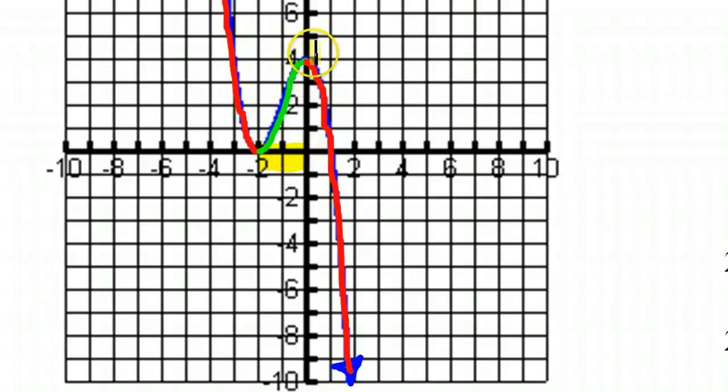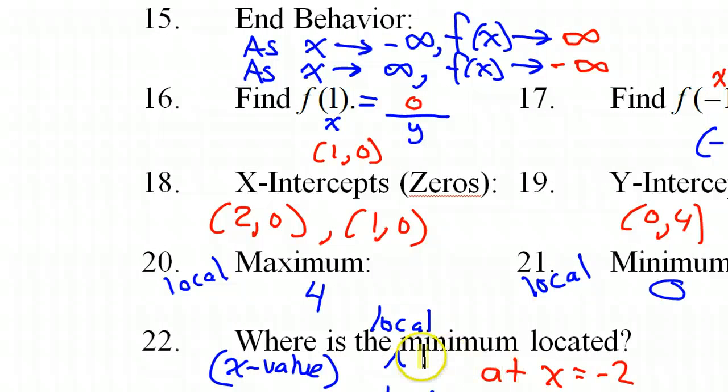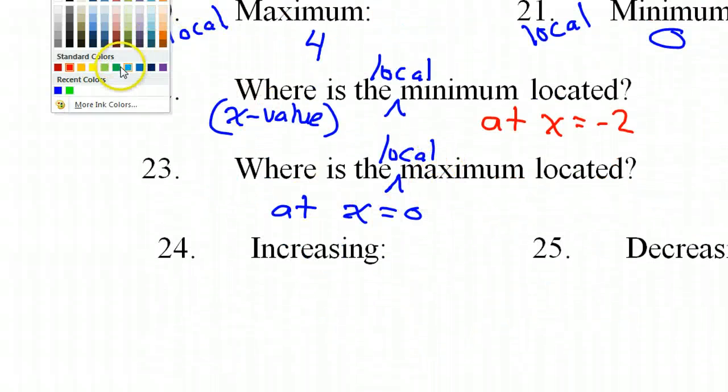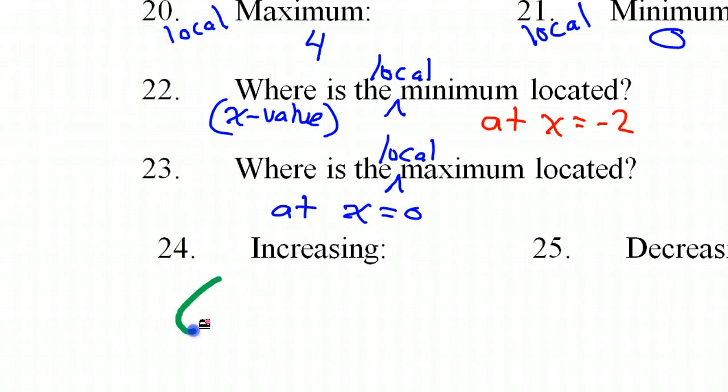Okay, don't say 4, that's a y value. We're talking x values, left, right. So we're going to say -2 to 0 for the increasing interval. And I think I'll do it in green just to color coordinate.